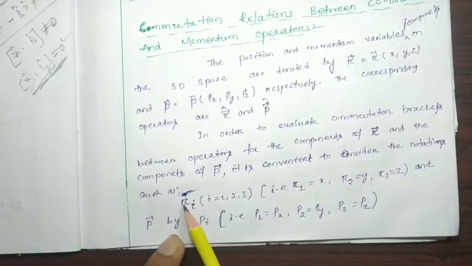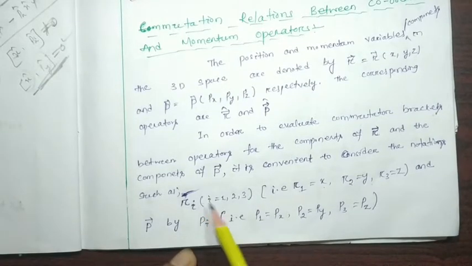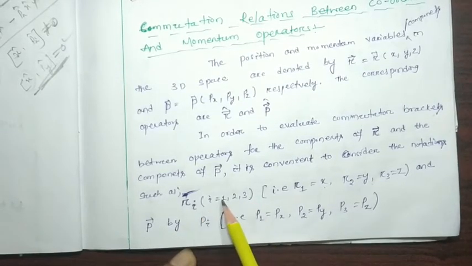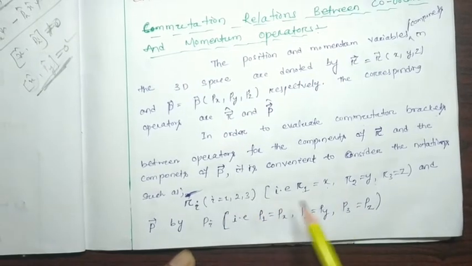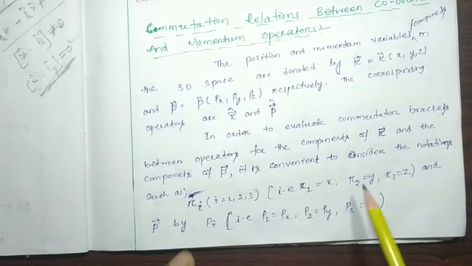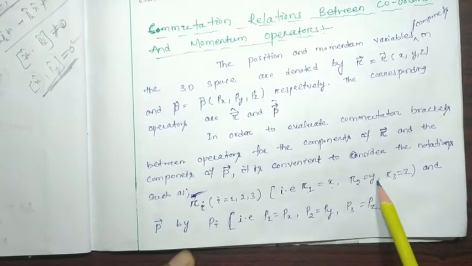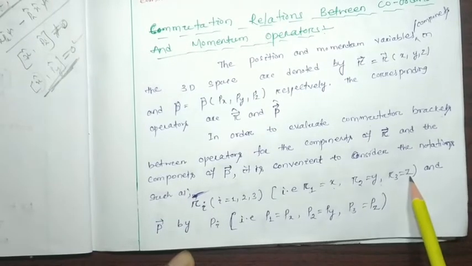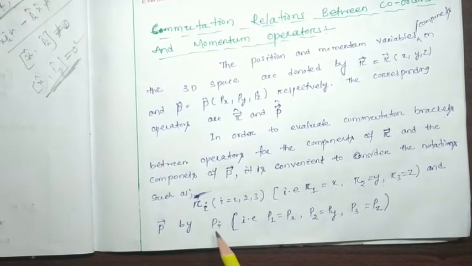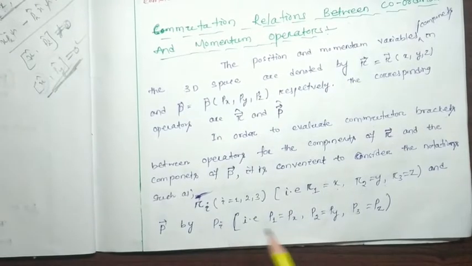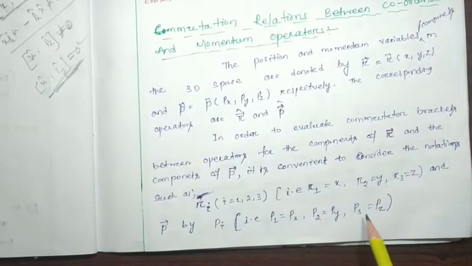Ri will be 1, 2, 3 for the three components. Here I have written 1, 2, 3, where R1 is the x component, R2 represents the y component, R3 represents the z component, and correspondingly Pi for 1 is Px, 2 for Py, 3 for Pz.